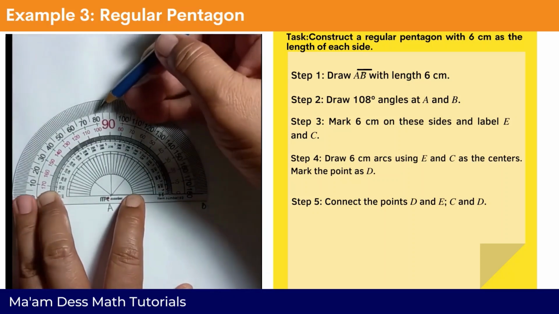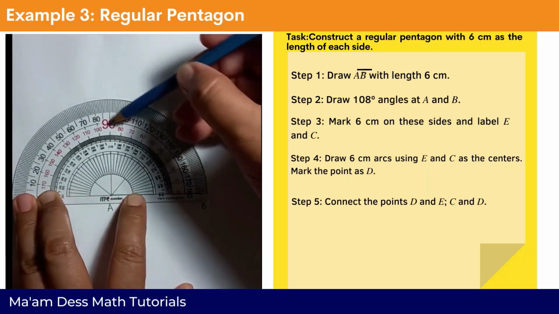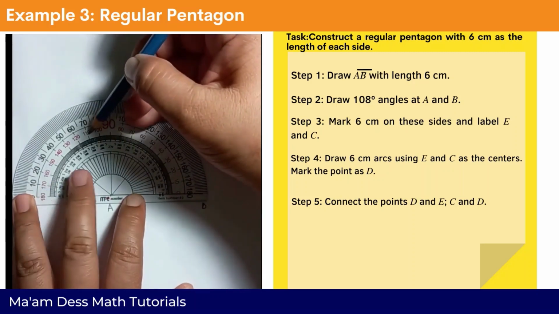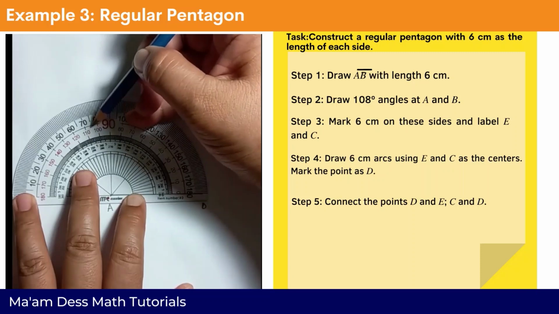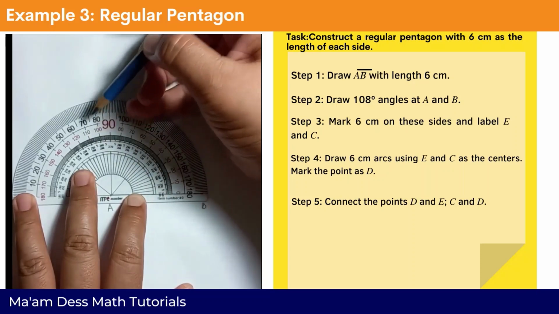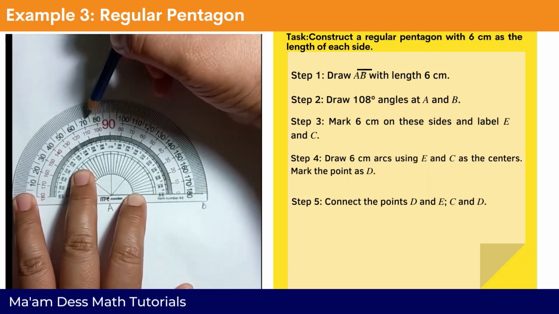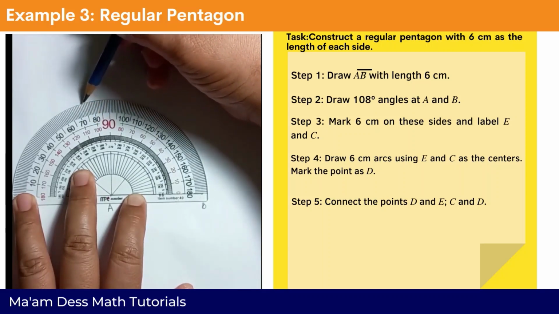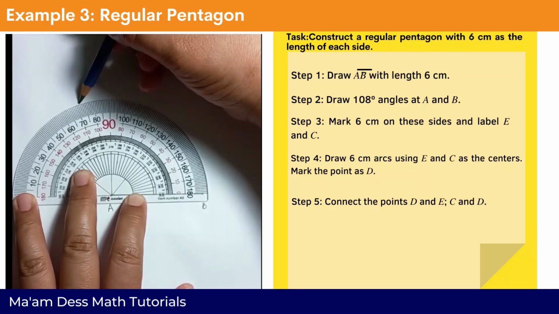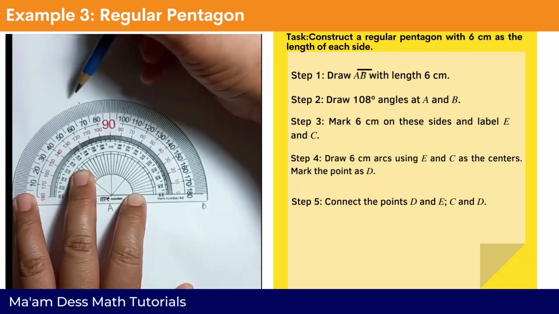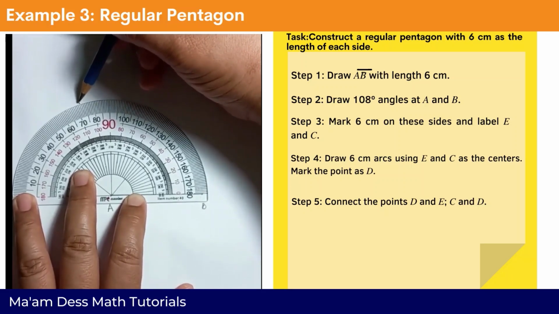And then locate the 108. So, look at the red label. So, this is 110, and therefore it must be before 110. So this one is 100, 105, and then count 6, 7, and then we have 8. Okay, so again, it's 108.